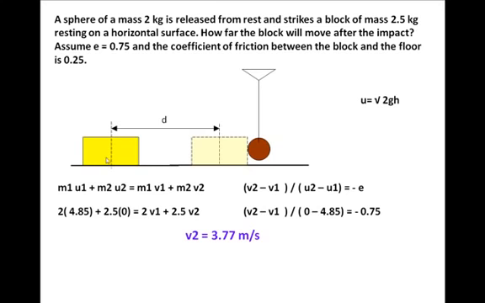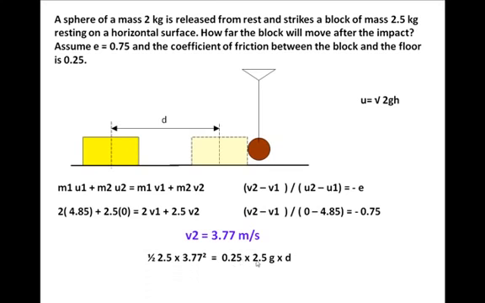As I said earlier, if friction was not there, this would have moved forever. But the kinetic energy due to this velocity is going to be absorbed by the work done by friction. In equation form: half times 2.5, the mass, times 3.77 squared is equal to the frictional force mu R times d.